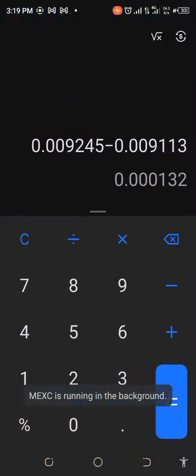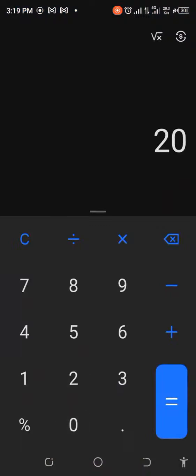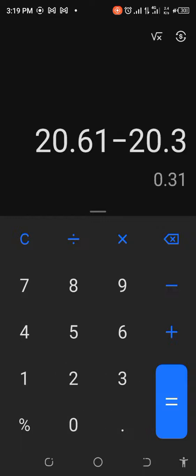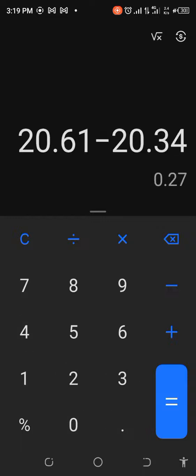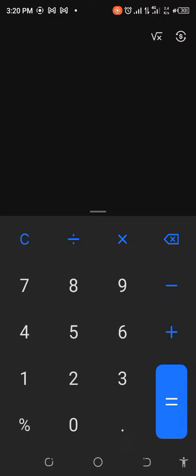So our profit margin is 20.61 minus 20.34. That's what, so we had 27 cents. So what would we call this particular percentage? Let's go back to what we actually did, we actually used the same 3.4, right?